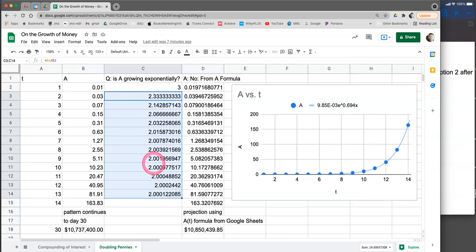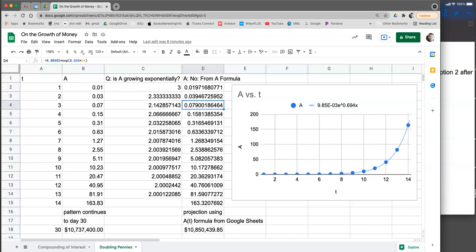The implication is that if you were to fit the amount of money in the account over this time period with an exponential function from Google Sheets, you would get a formula. I would plug that in using the same formula I was given in Google Sheets, and then use that formula to say how much we have at any moment in time.